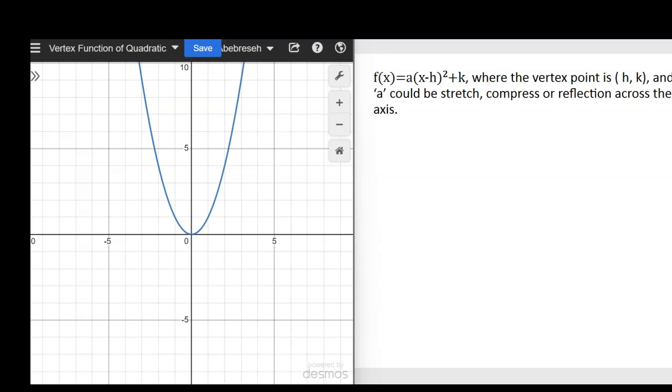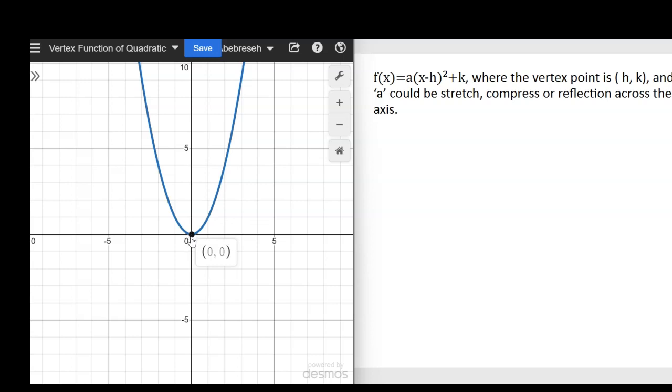Today we are looking into how we can write a quadratic equation when we have been given the vertex point. We have been looking at the transformations of functions and realized that when a function is transforming, what we always see is the tip, and that very tip is what we call the vertex.